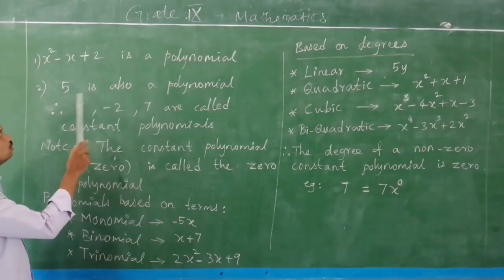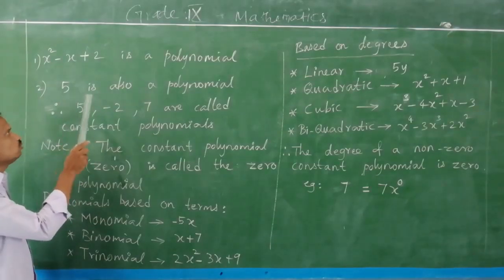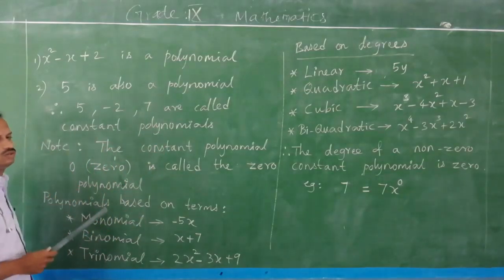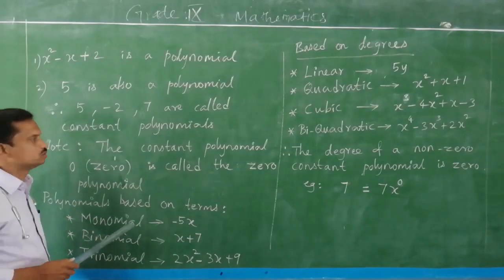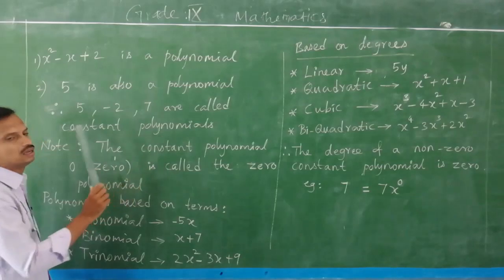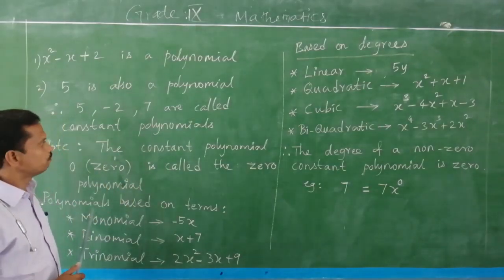And 5 is a numeral, that means numerical constant. So 5 is also a polynomial. So therefore we can say all the constants like 5, minus 2, 7 are called constant polynomial. Constant itself we can say constant polynomial.